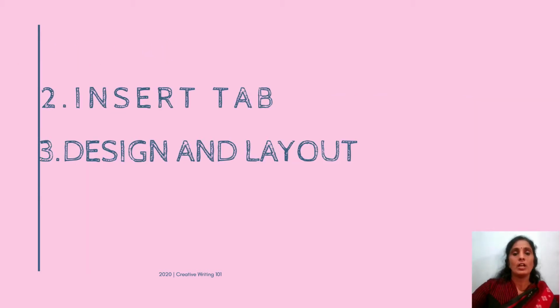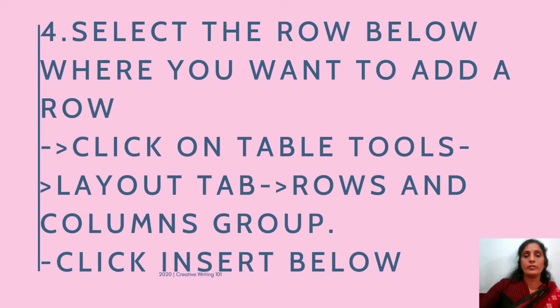Next question is which tab we use to insert table, that is insert tab, and name the two tabs displayed when we insert the table, that is design and layout tab. Fourth question is write the command sequence to add a new row at the bottom of the table.